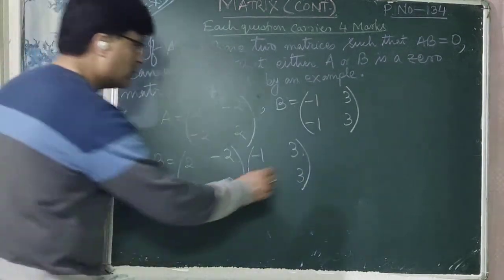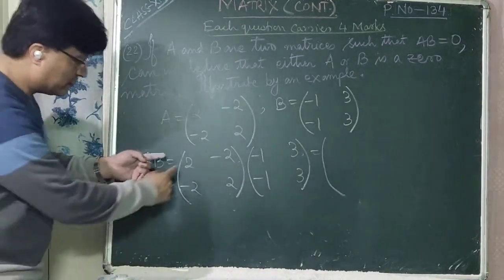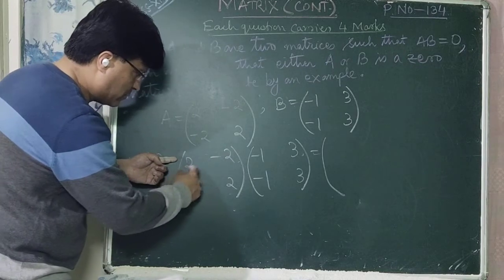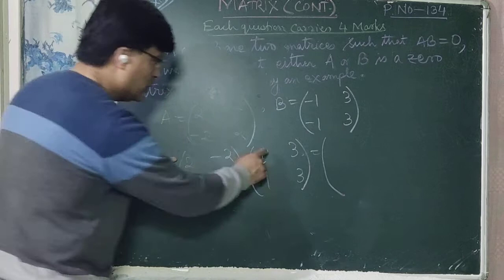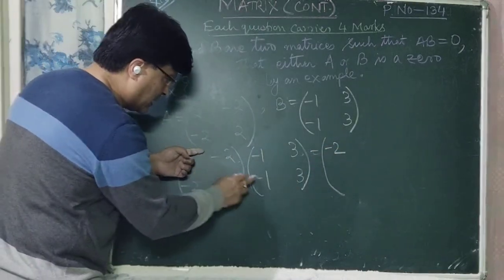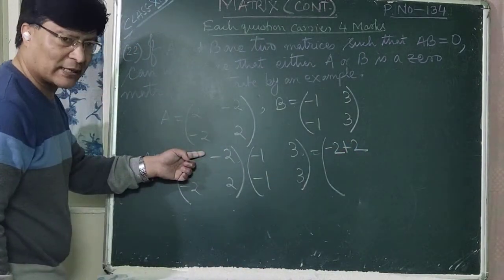So let us multiply them. First row by first column, corresponding elements should be multiplied. 2 into minus 1, minus 2, right? Then second element into second element, that is plus 2. Is that clear?